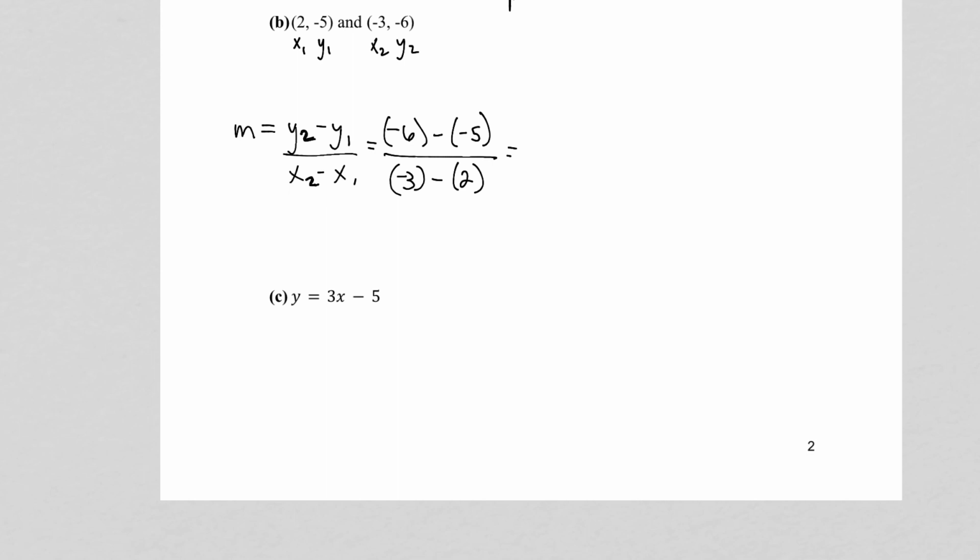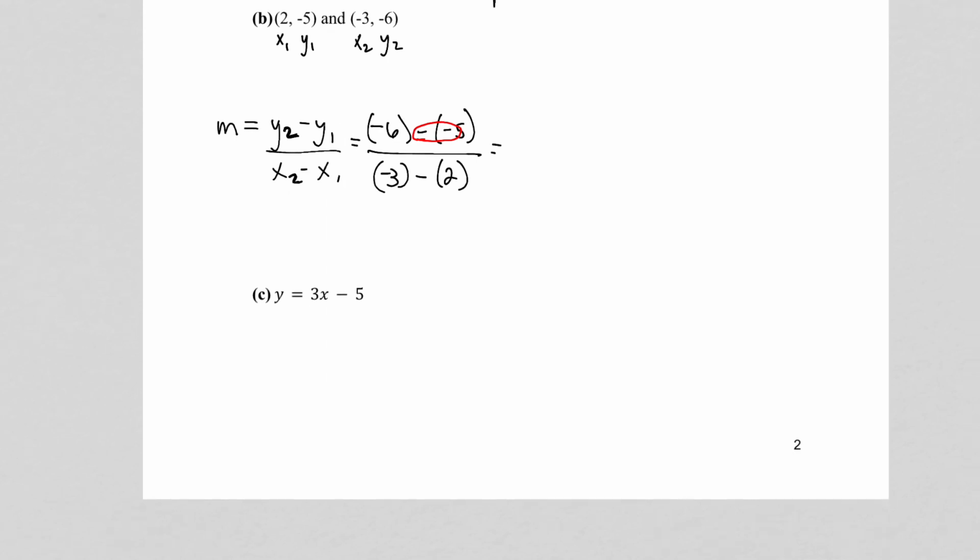Now, I put these values in parentheses to ensure that I don't lose a sign, and you can see right here that this is very important in this situation because we have two negative signs right next to each other. We could easily just conflate those and look at that as one negative sign, which would be a problem. So in this case, those two negative signs do become positive.